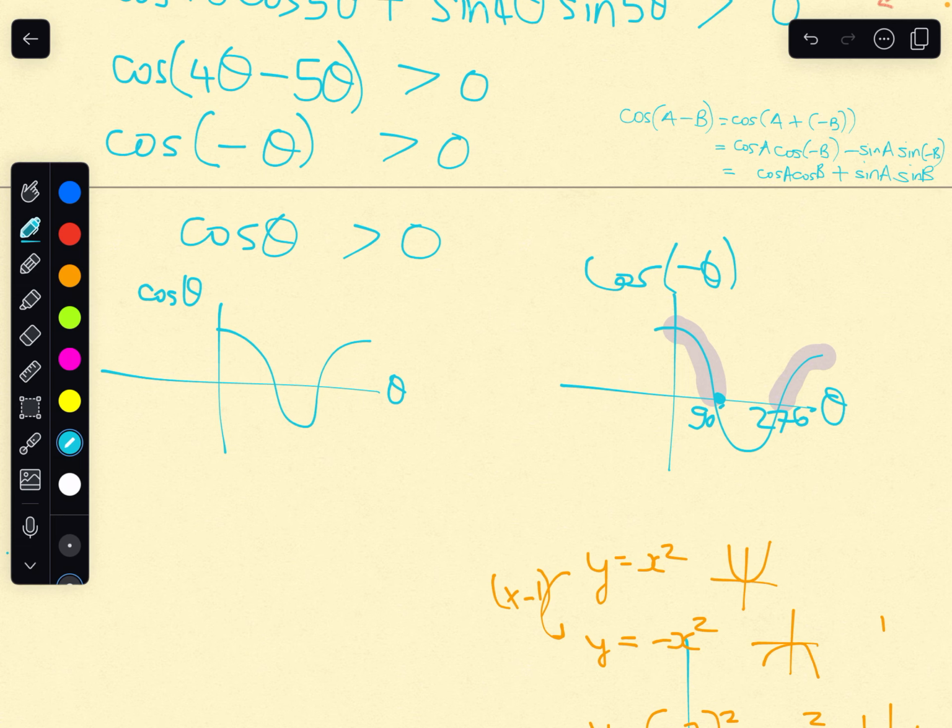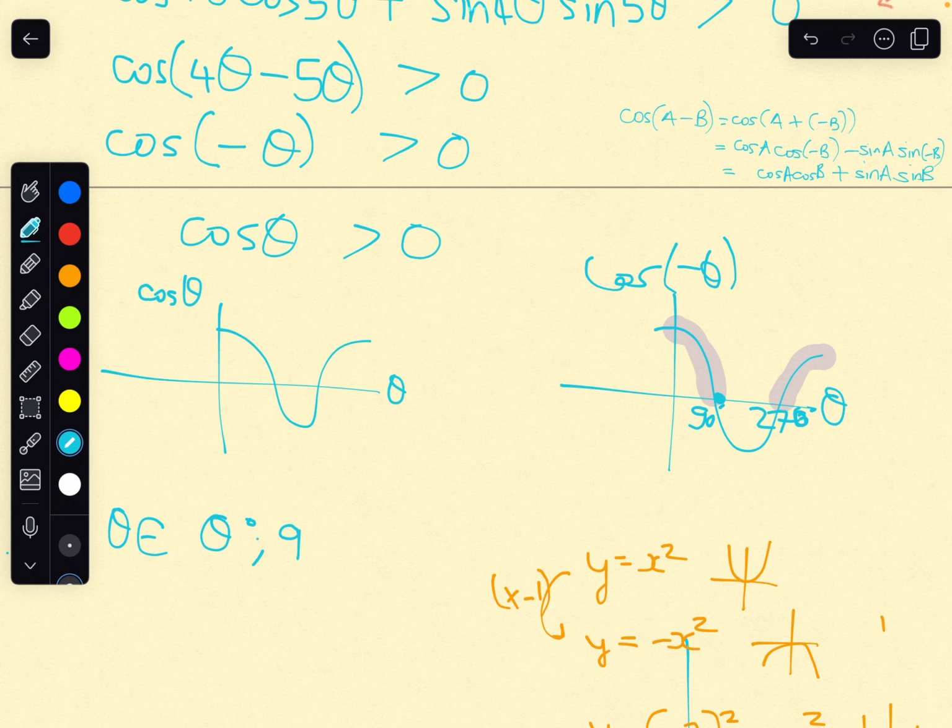So if we choose a theta that is between 90 and, actually, I always like to decide on my brackets last. Ooh, you can see I'm panicking. Okay, so I first write down the boundaries.